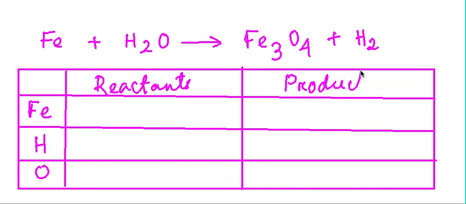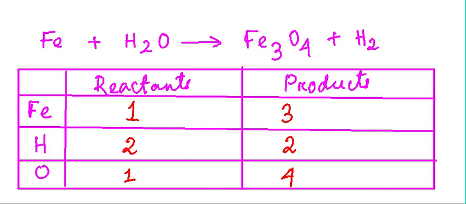How many iron atoms? On the reactant side it's 1, but on the product side it is 3. Hydrogen is 2, and it is 2 on the product side as well. Oxygen we have 1, and here it is 4.